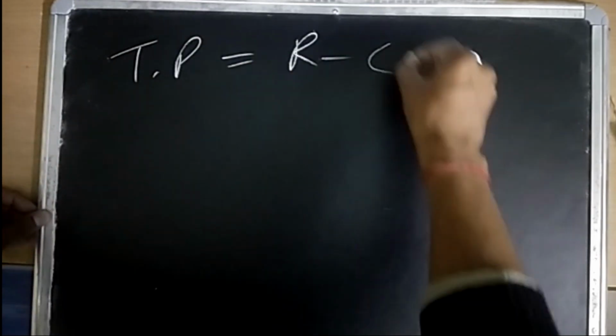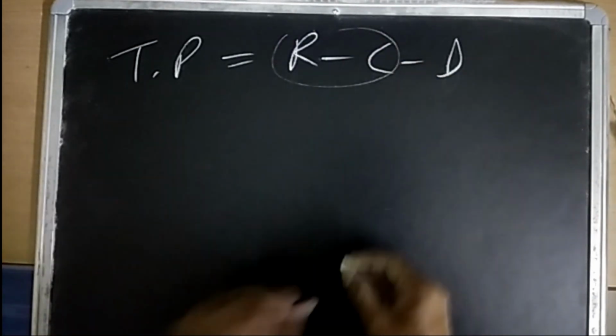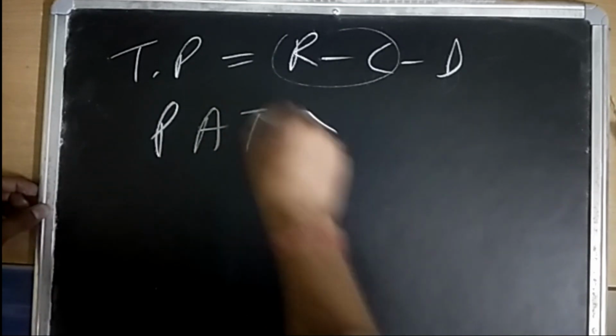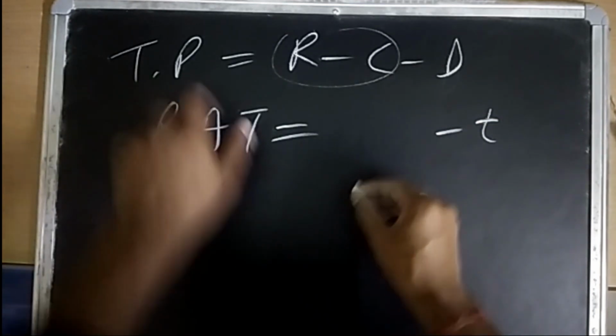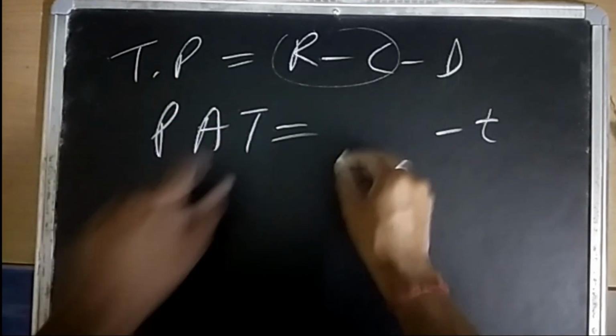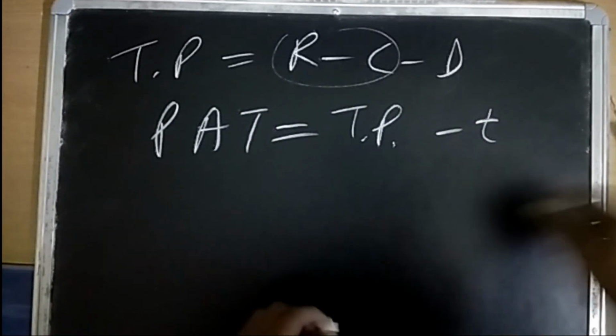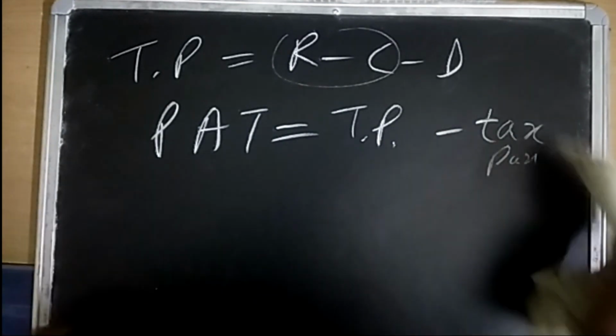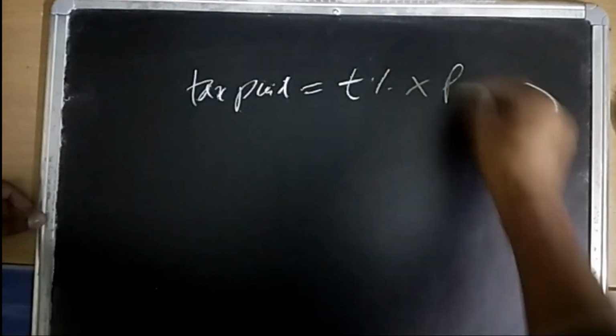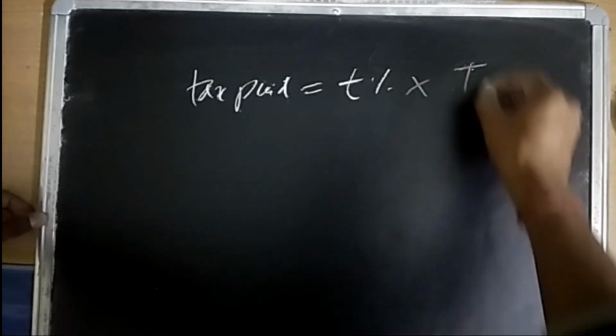Next we have the taxable profit. The taxable profit is nothing but R net minus C net minus D, or we can say PBT minus D. After applying tax, we have profit after tax. Let's say tax paid is T. From taxable profit we subtract the tax paid, and this is the profit after tax, where tax paid is equal to tax percentage times the taxable profit.